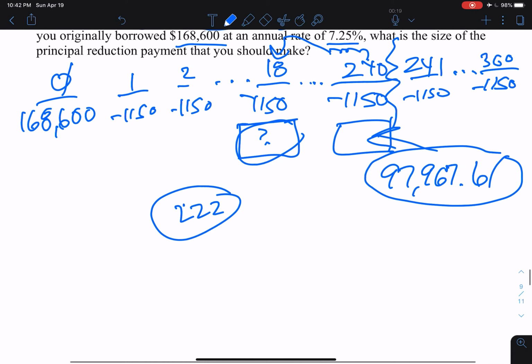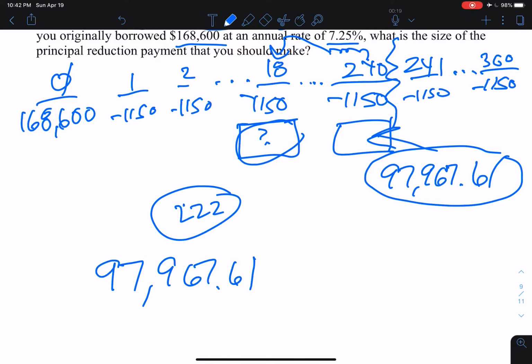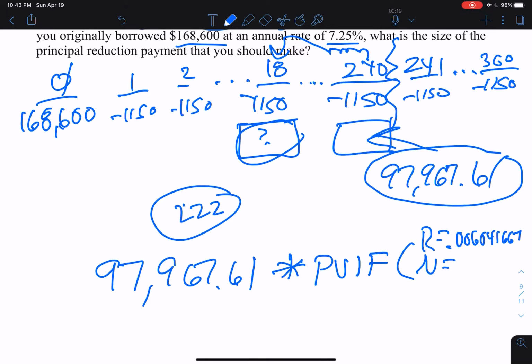So the answer to this question will simply be to take the work we did in the last question, the answer for that work, $97,967.61, and move that back 222 periods. So we multiply this by a present value interest factor, where our R value is the same, 0.0060416667, and our N value now is 222.